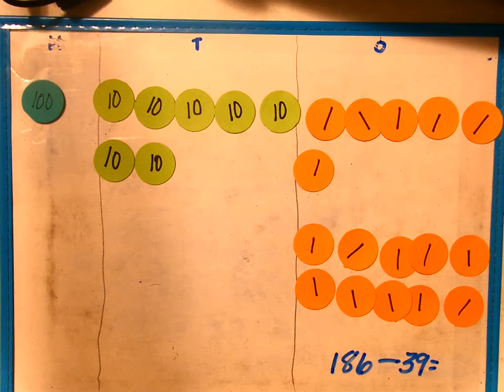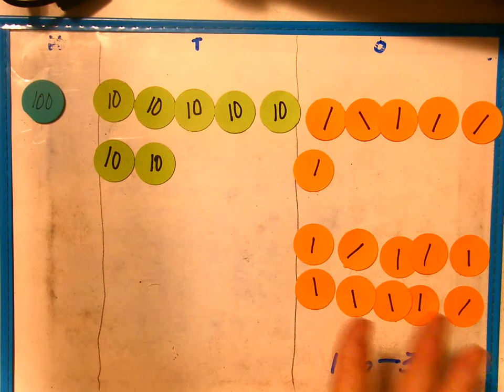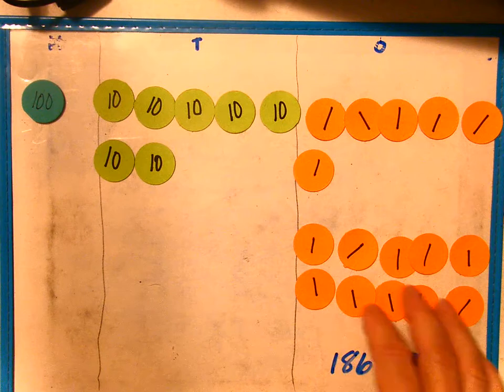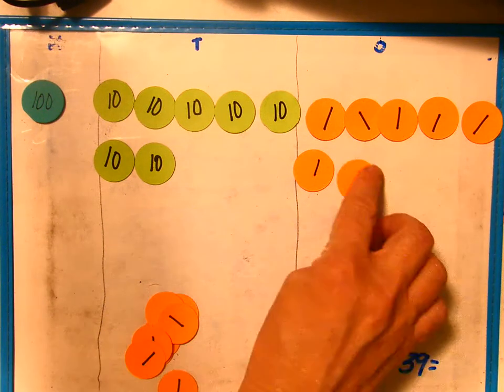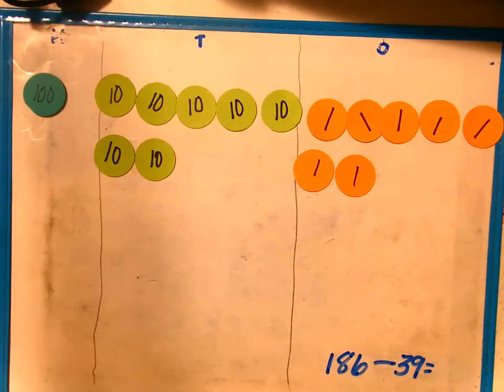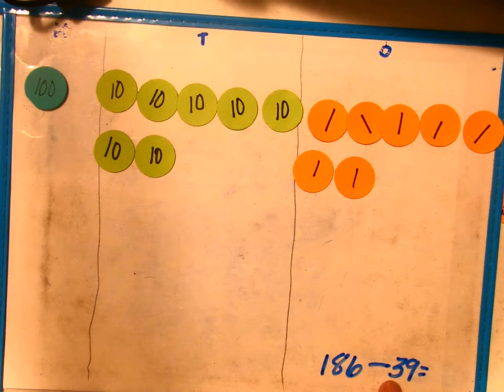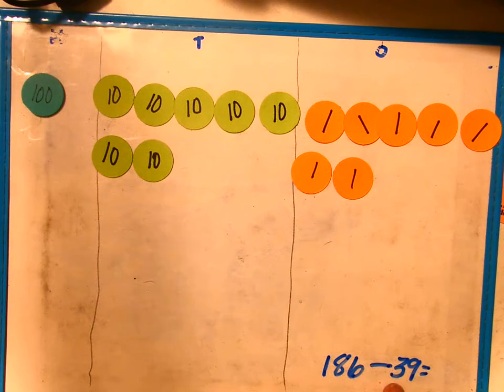Have the same number, it just looks different. And now I'm taking away 9. So I'm taking away all of that 10 except for 1. I need to take away how many 10s? 3.